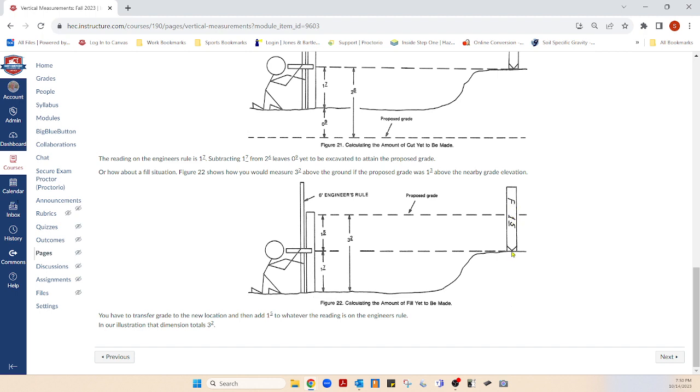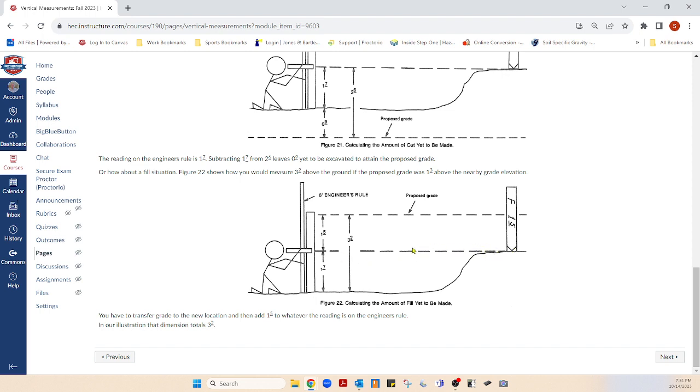This is a fill situation. From here, according to this, from this point to the proposed grade, which is bringing in dirt to fill it up to this point, I don't know for how far, but he needs from here another 1 5/10 of dirt brought in at this level. Okay, so here's our stake, and here's our line of sight.